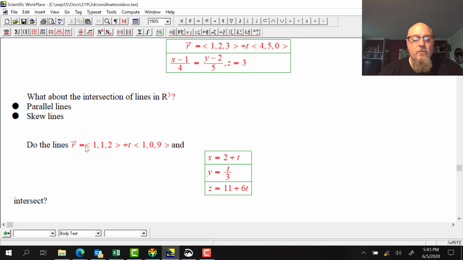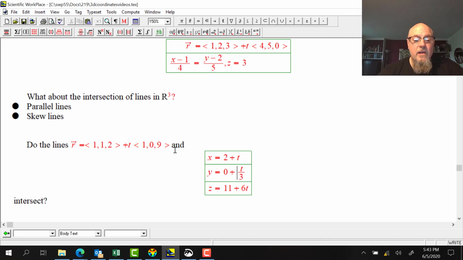But I can see that this first line goes through the point 1, 1, 2 and has direction vector 1, 0, 9. This second line is written in parametric form, but I can still see the pieces. It goes through the point 2, 0, 11, and has direction vector 1, 1/3, 6.